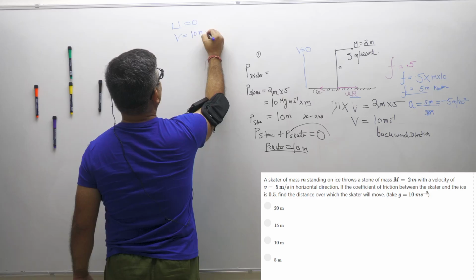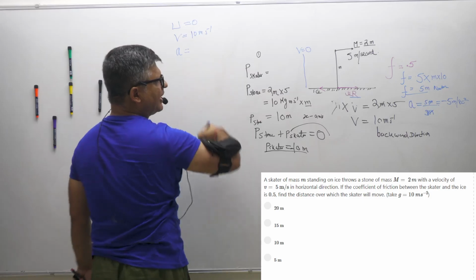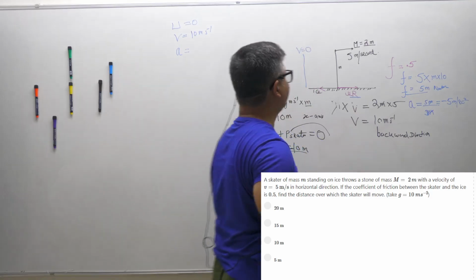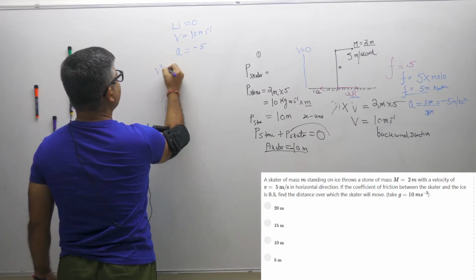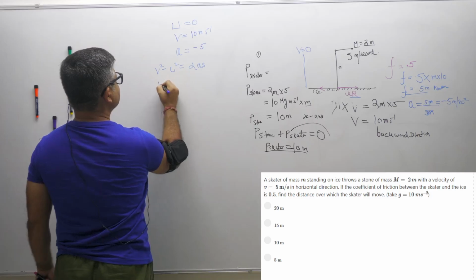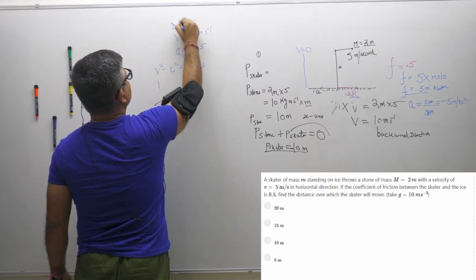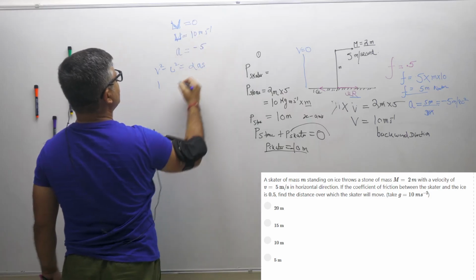This came from law of conservation of momentum. Your deceleration is coming out to be your force of friction divided by your mass, which is minus 5. Therefore, v squared minus u squared is equal to 2as. So your final velocity is 0, and your initial velocity now is equal to 10.